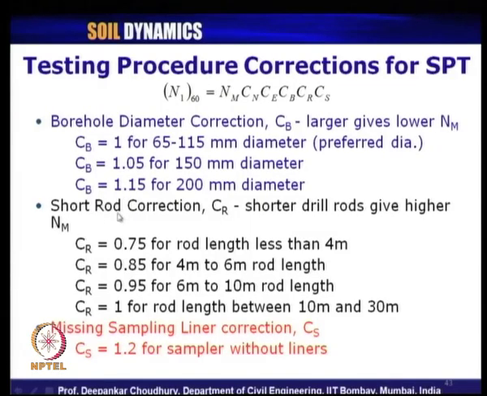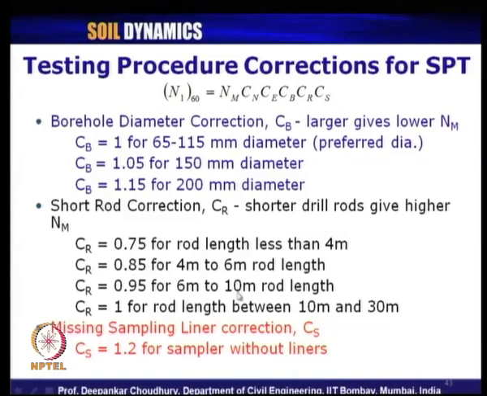Next one is the short rod correction factor CR. A shorter drill rod gives a higher Nm value. As I have already mentioned, CR has been standardized as 1 for rod length between 10 meter to 30 meter. Then no correction is required. But if you have a smaller rod length, say less than 4 meter, then the correction factor is 0.75. If it is 4 meter to 6 meter, then 0.85.